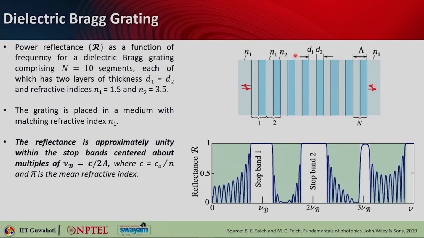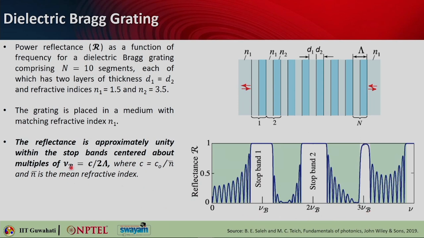You have put this entire grating in a medium of refractive index N1, and after you calculate the reflectance versus frequency, you can see that the stop bands are centered at particular wavelengths: lambda b, nu b, 2 nu b, 3 nu b, and so on.